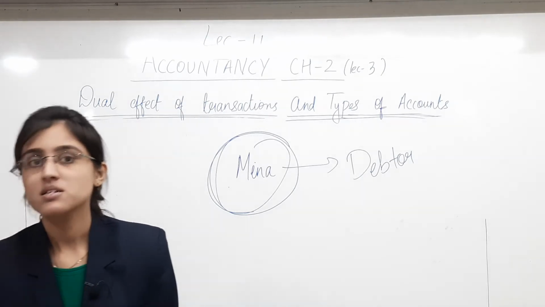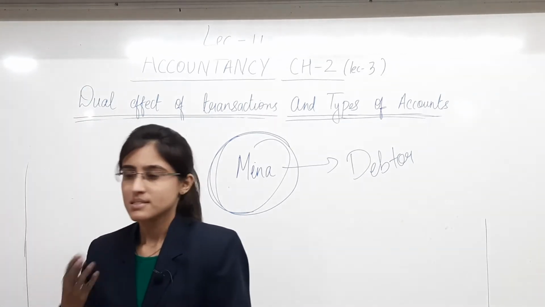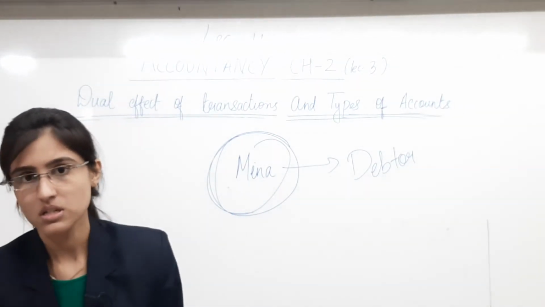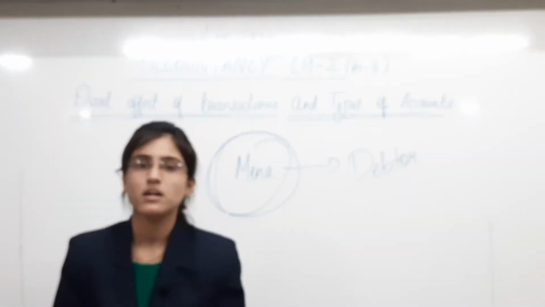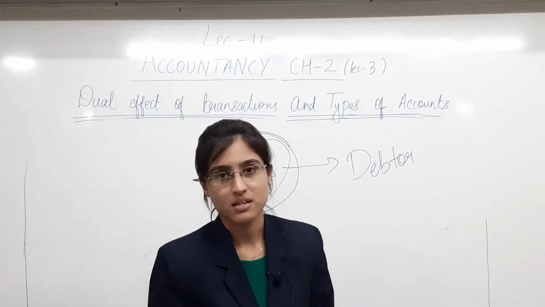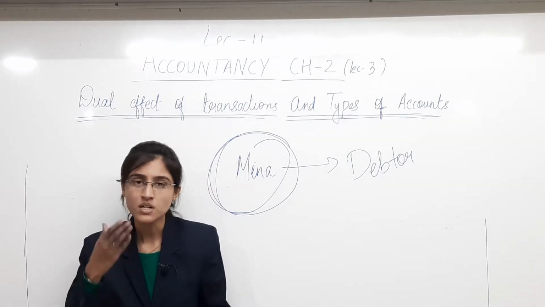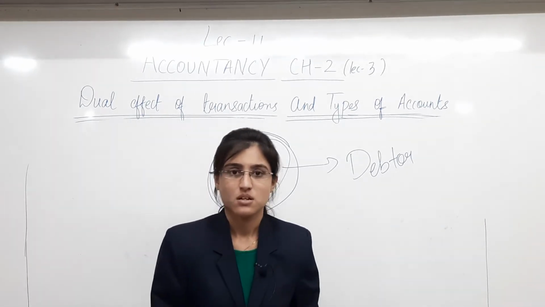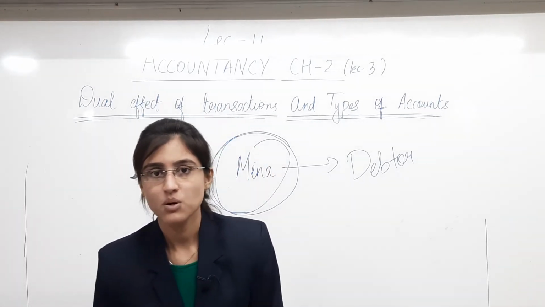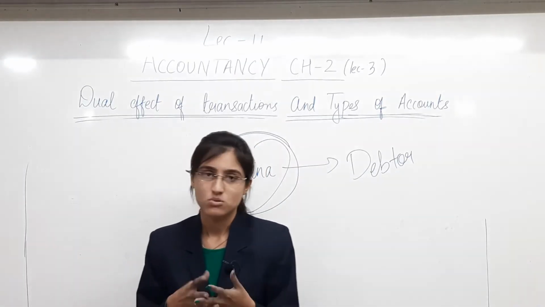Then the next topic is voucher. Simply speaking, a voucher is just an evidence supporting a transaction, just like a bill does. The evidence of a transaction which has taken place is a voucher.